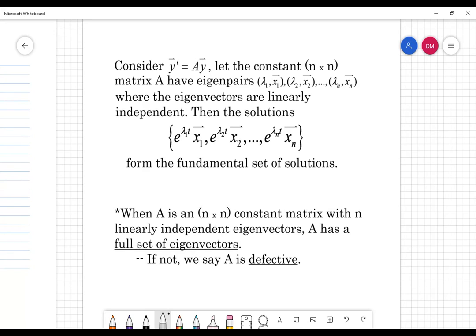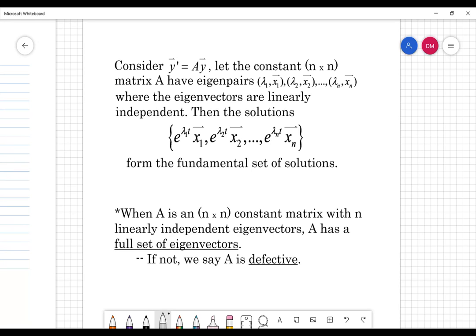A couple of things to continue on from yesterday. We have our system of differential equations, y prime equals Ay. And basically, we're going to say that our constant matrix A has eigenpairs lambda 1, x sub 1, lambda 2, x sub 2, all the way up to n eigenpairs, based off the dimensions of our matrix.